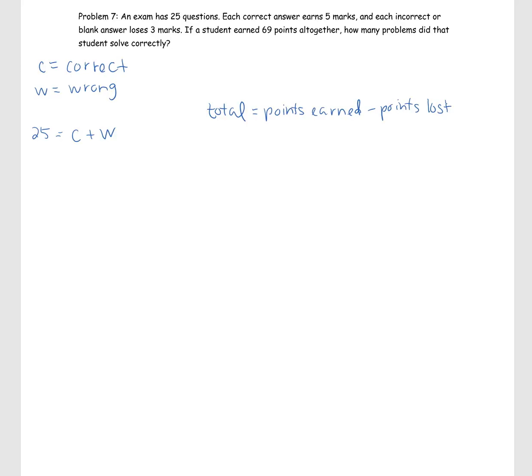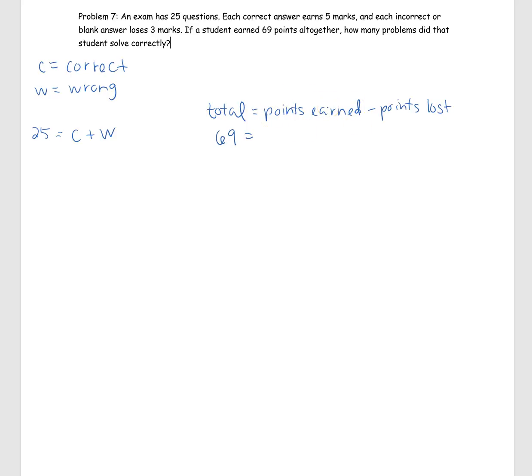So in this case, my total is equal to 69, because 69 is the points earned all together after subtracting the points lost. So 69 here equals the points earned from correct answers.